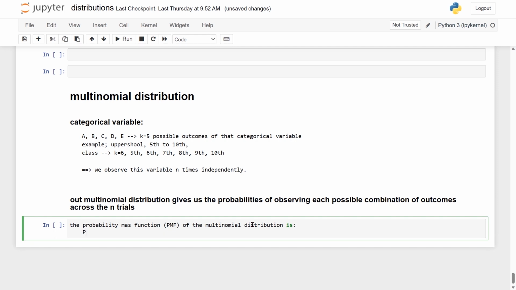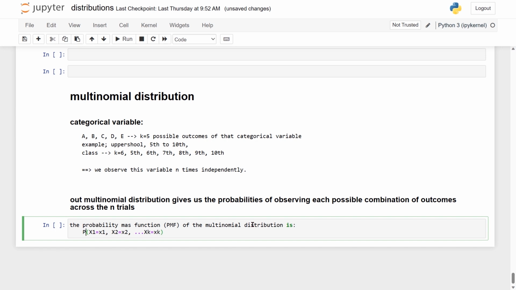P of X1 equals small x1, and X2 equals small x2, and so on, depending upon how many categories you have, Xk equals small xk.